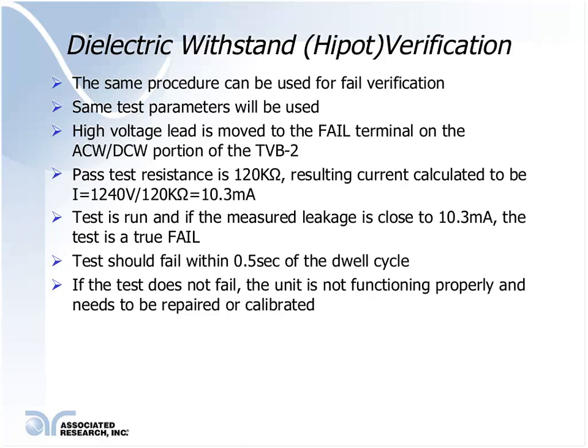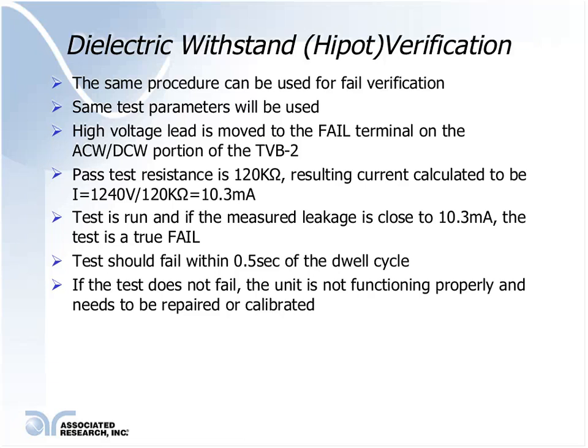And once the test is run, if the measured leakage comes out to be close to 10.3 milliamps, then we know the test is a true fail. One more thing to keep in mind is that the test should fail within 0.5 seconds of the dwell cycle.